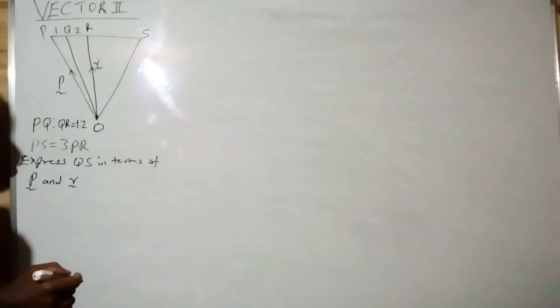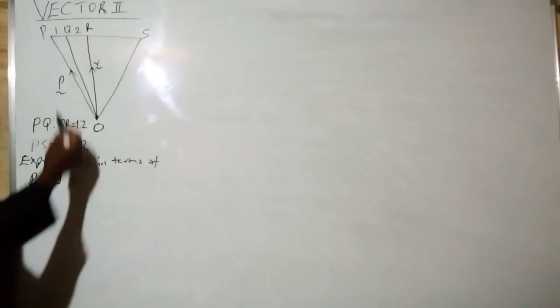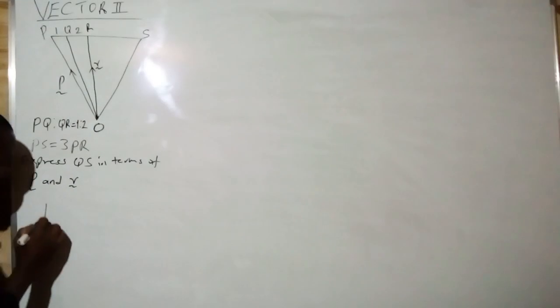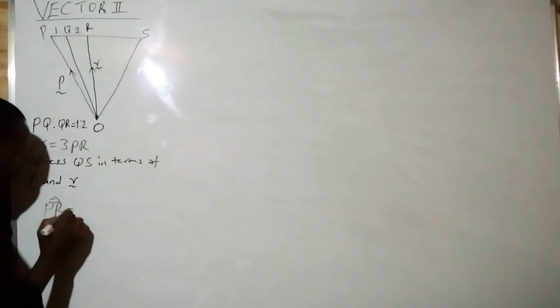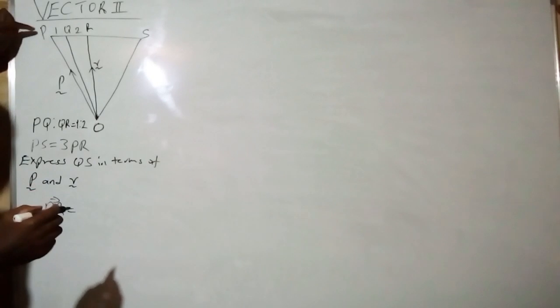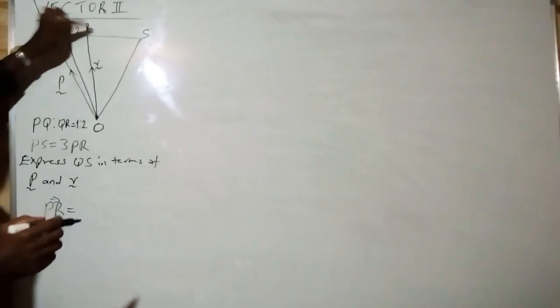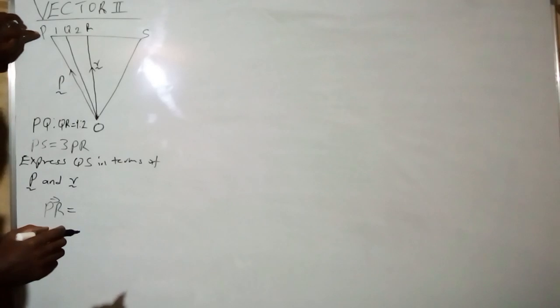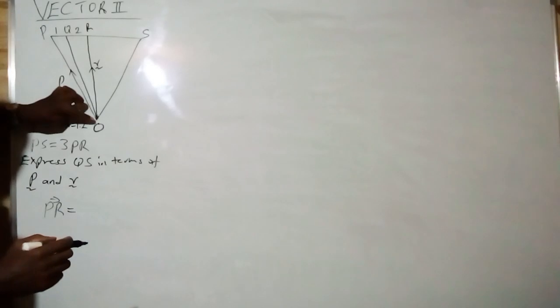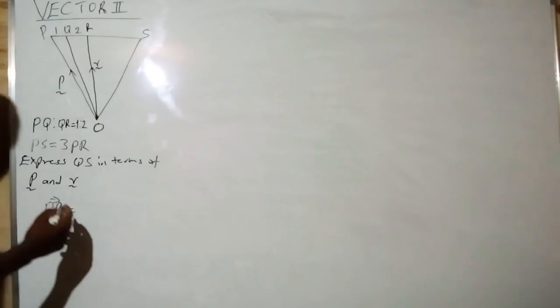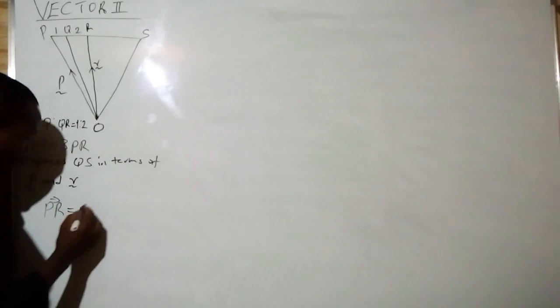First of all, you can get PR. I want to move from P to R, but I cannot move directly. So from P to R, I will follow the direct route. PO plus OR.